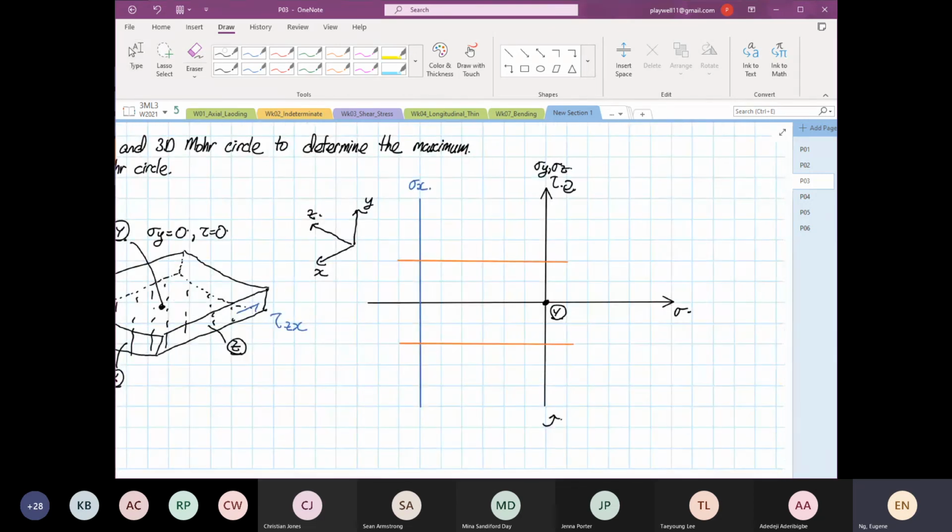So point Z is here, and then point X is over here. Then you draw the line.